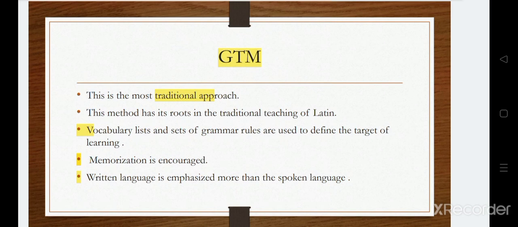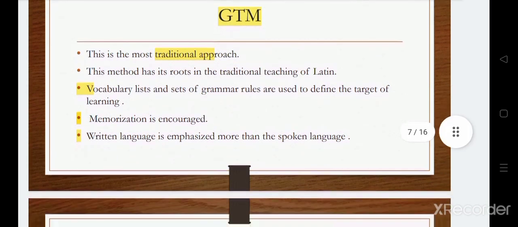In this method, a vocabulary list and a set of grammar rules are used to define the target of learning. In this process, memorization is encouraged. The person who is learning a language is supposed to memorize that language, and written language is emphasized more than the spoken one.